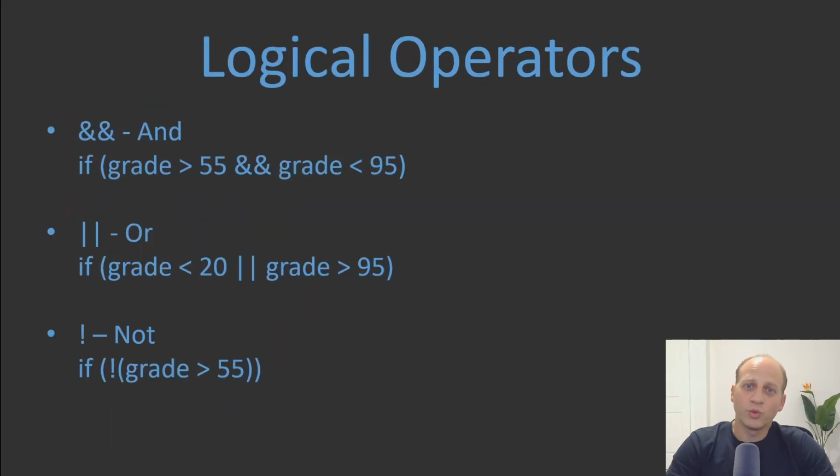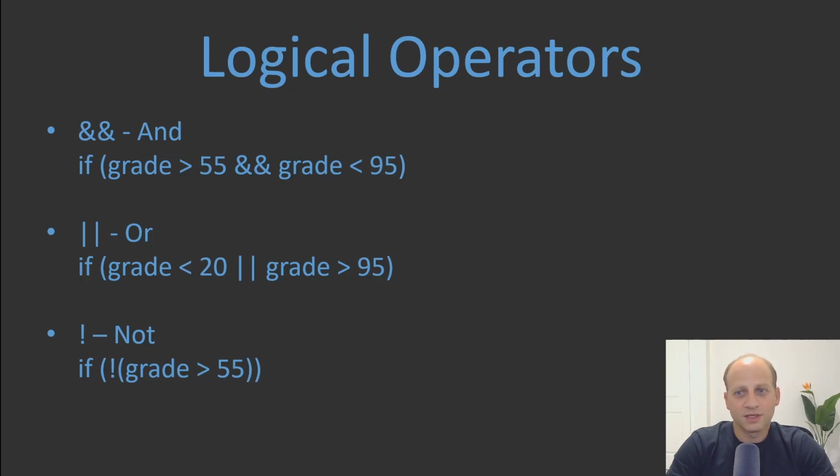Sometimes we need to combine multiple conditions in a single statement. In order to combine conditions, we use logical operators. For example, we want to check if the grade is higher than 55 but lower than 95. To do this, we can use the AND logical operator, which is written using two ampersands.